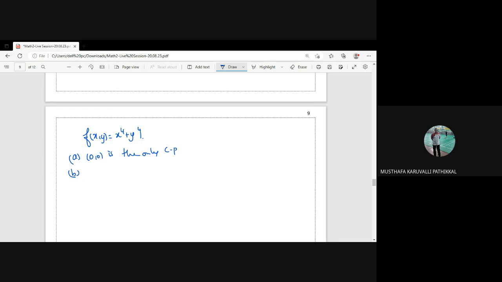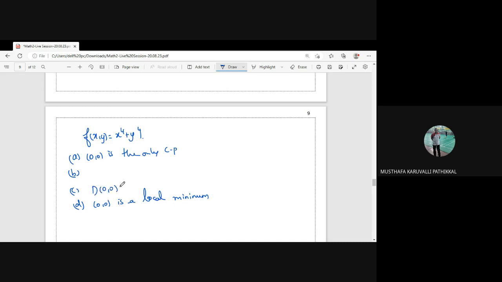Then the next option is origin is a point of local minimum, because it conflicts, even though if you look at the function. Let us look at the point where you have a problem. The problem is in this option, right? The determinant at origin is 0, which is right. The next point is origin is a point of local minimum.